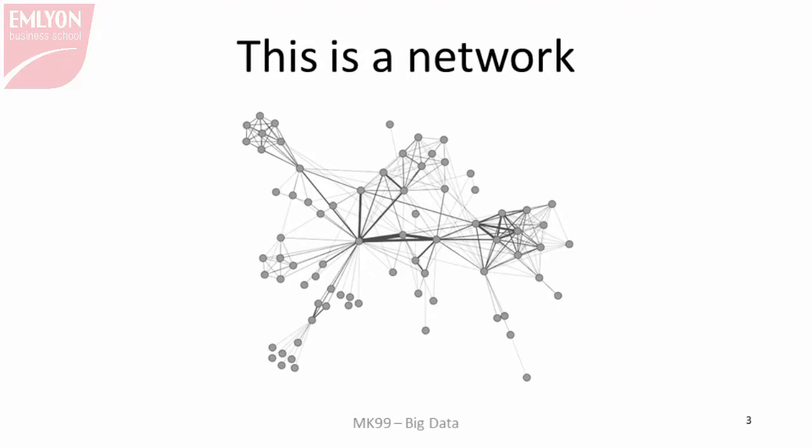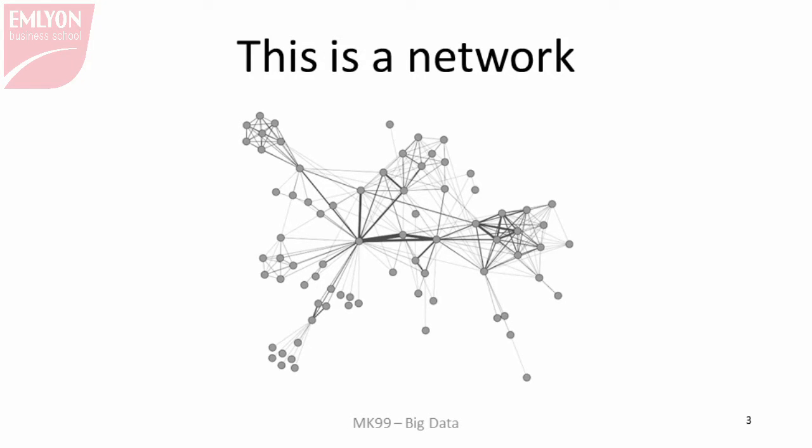Just a list of entities and a list of the relations between these entities. So it doesn't need to be visual or on a screen, but I use this visual approach because it facilitates understanding. On this slide you see an example network.